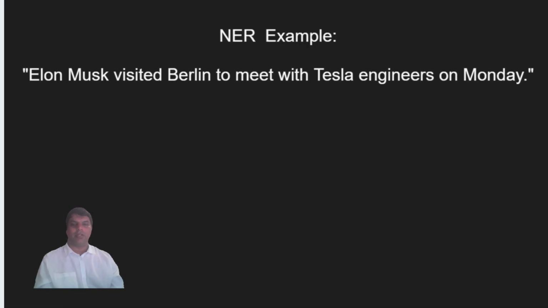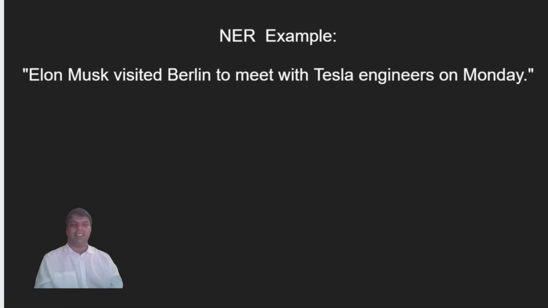So let's look at one example for NER. Elon Musk visited Berlin to meet with Tesla engineers on Monday. You can identify different named entities here. For example, Elon Musk is the name of a person, Berlin is the name of a city, Tesla is an organization, and Monday is a time.